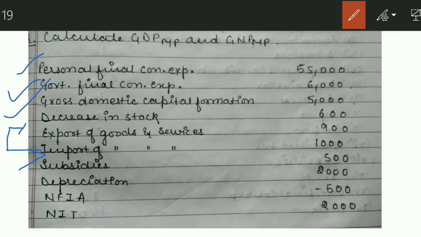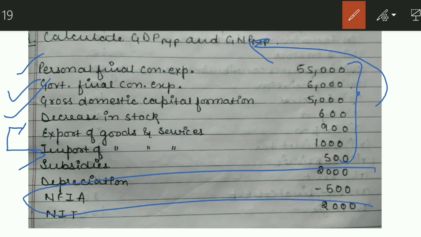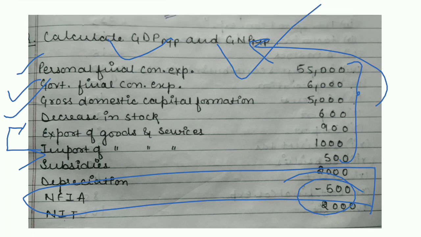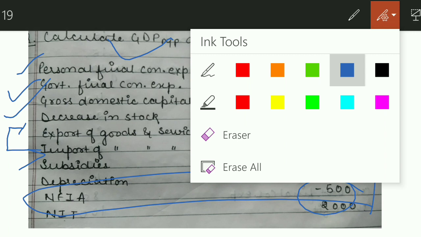By adding them we reached GDP at market price. We moved to GNP at market price simply by adding NFIA to it, which was equal to minus 500. So the value of GDP at market price we got as 65,900, and the value of GNP at market price we got as 65,400.